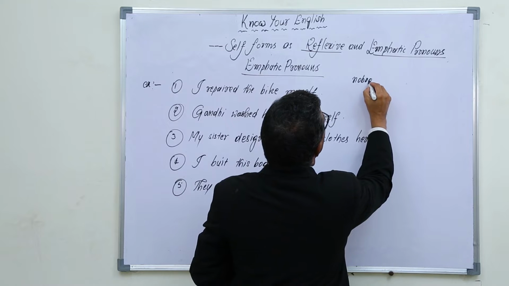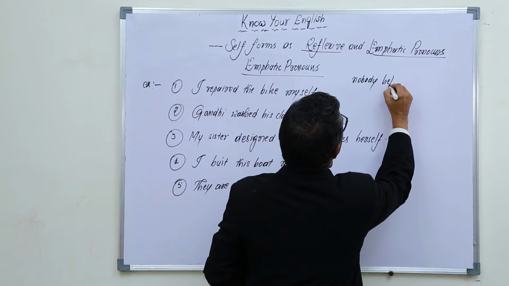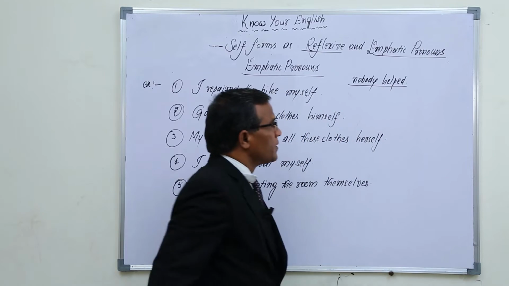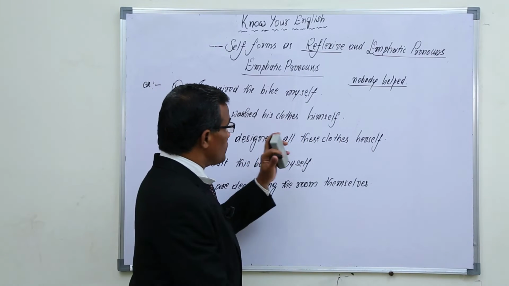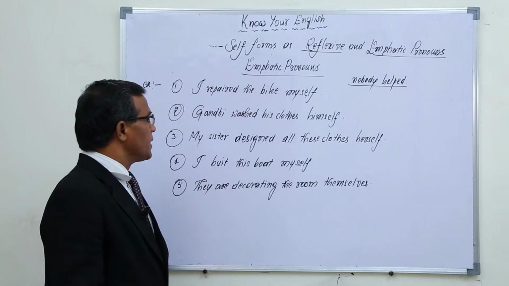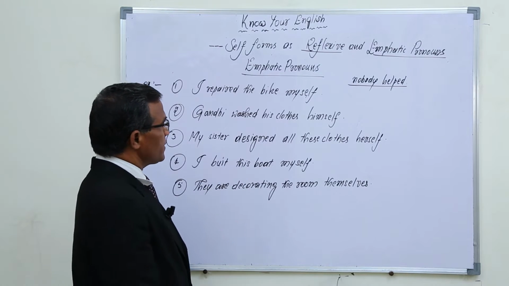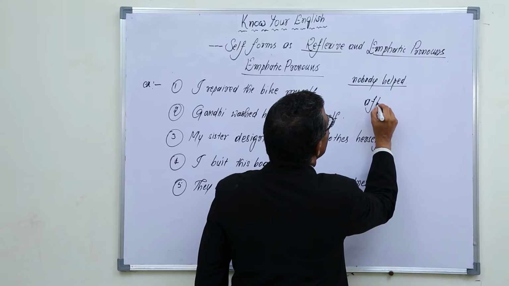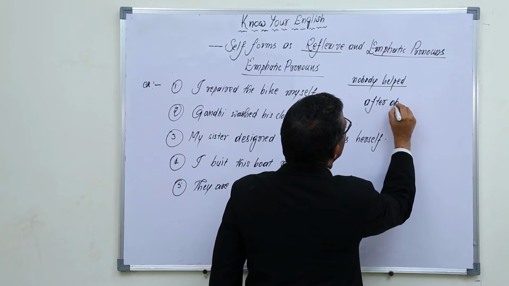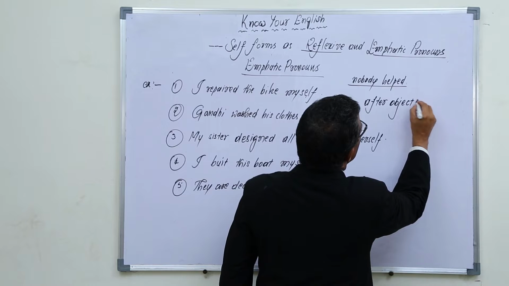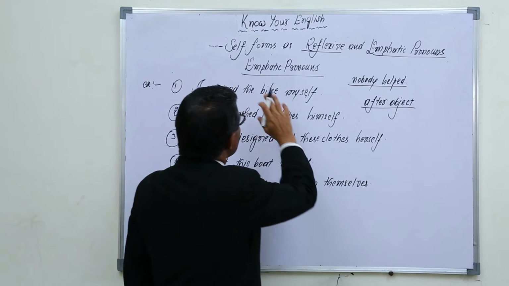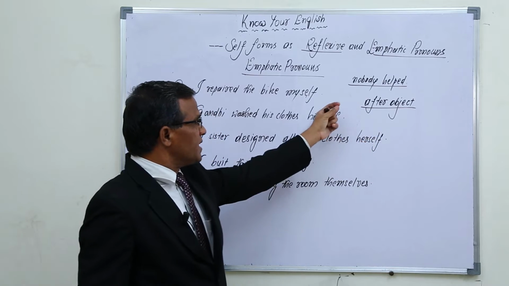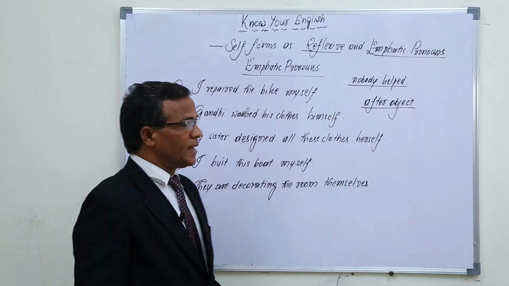In the sense of nobody helped, we use these emphatic pronouns, and especially we use them after the object. When we use these self forms after objects, it is in the sense of nobody helped.